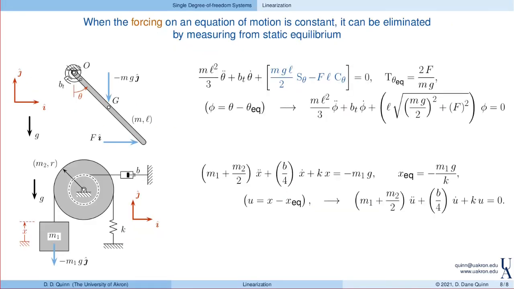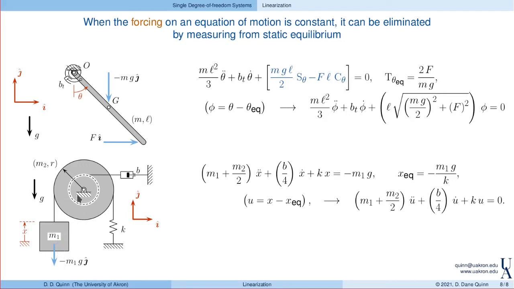Now, the other part of this is we've said in the past that we can eliminate constant forces or constant forcing by measuring from static equilibrium. So we've said that when the forcing on an equation of motion is constant, it can be eliminated by measuring from static equilibrium. And for that, I'll refer you to this problem that we've shown below. This was actually done in one of the previous lectures.